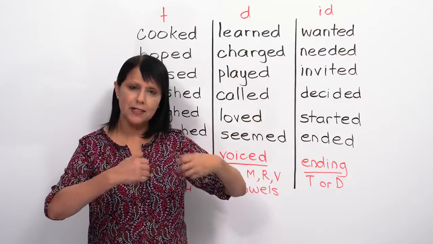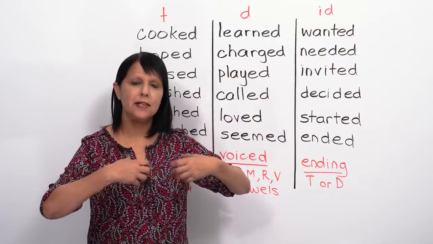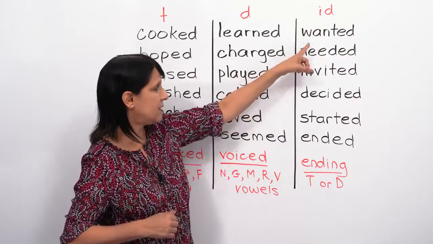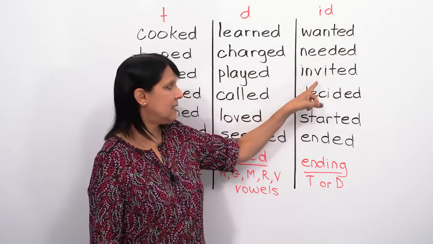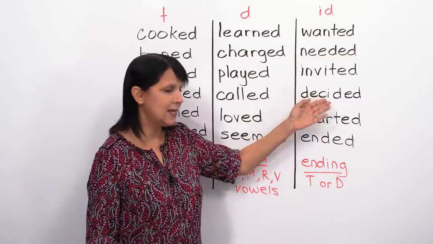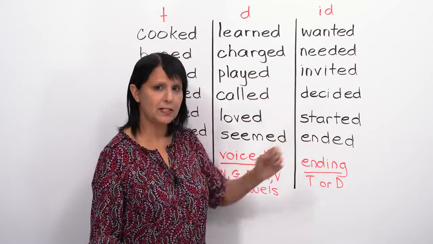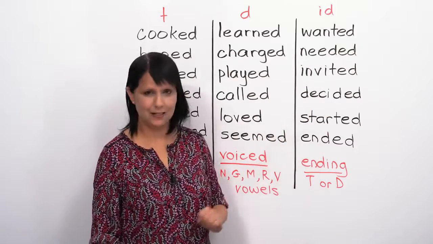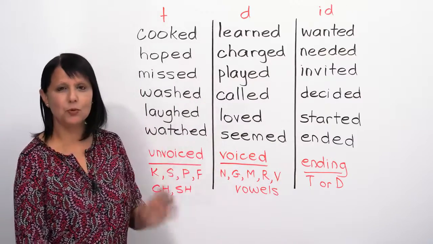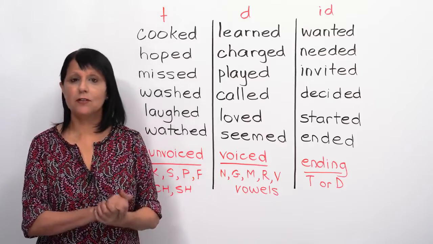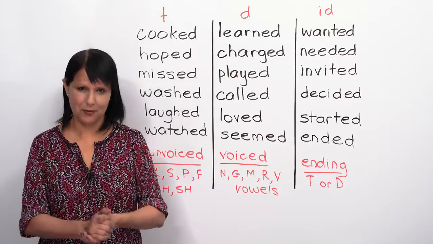We just make the ending stronger and we say like a ud sound. For example, wanted, needed, invited, decided, started, ended. Okay? So, those are the basic rules for pronouncing the regular past tense form of verbs.